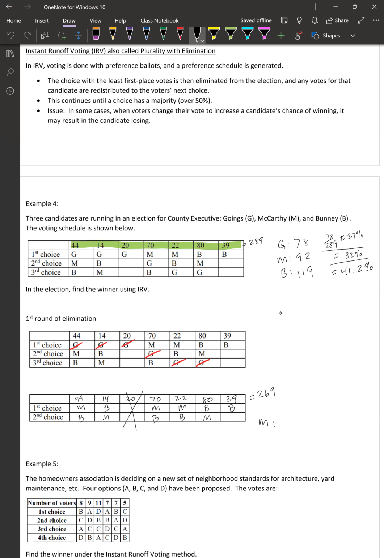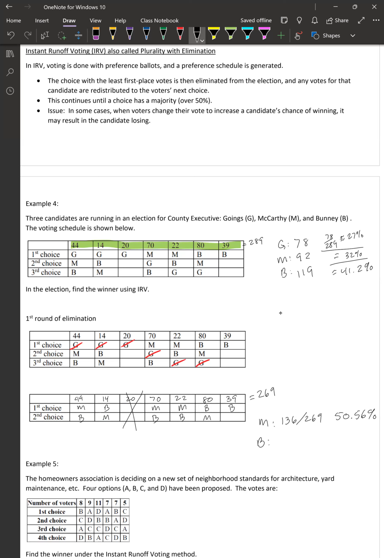We're going to add up the 44, the 70 and the 22. That's 136. Out of 269, that's just over 50%, 50.56%. So that clearly is a majority, right? So we could stop there and say, yay, McCarthy has won. But just for fun, let's count also Bunny.